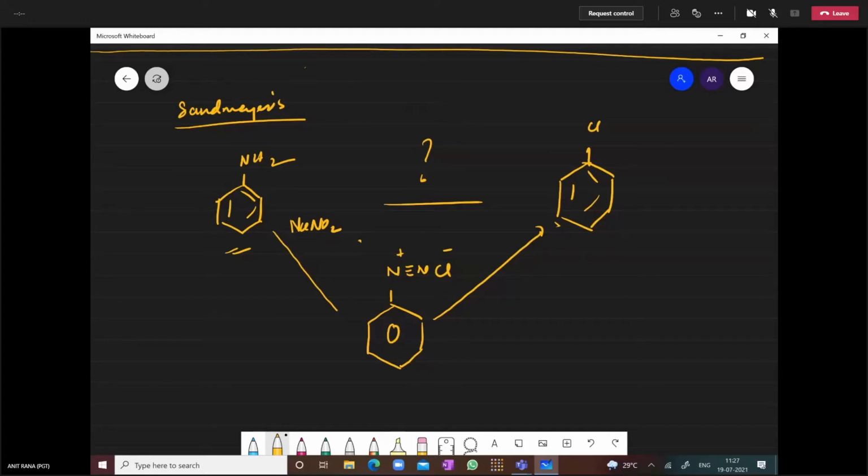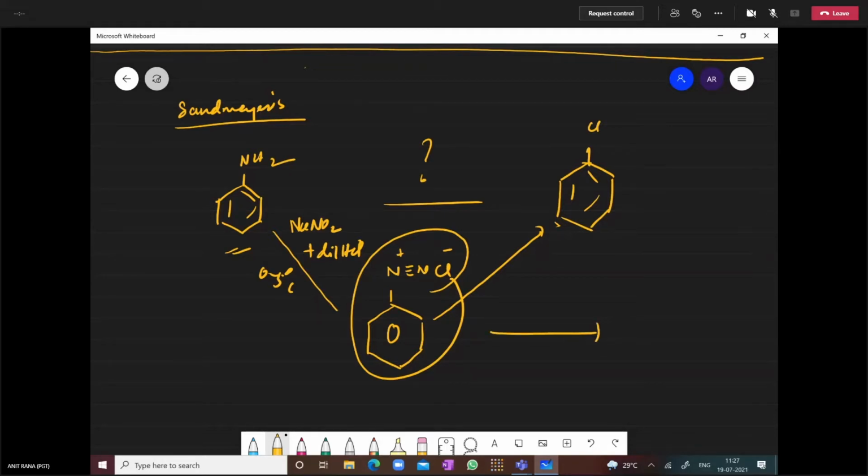In this case you will be using dilute hydrochloric acid, 0 to 5 degrees Celsius. So the water molecule is lost in the formation of diazonium, and from diazonium you can prepare chlorobenzene, even bromobenzene, and even iodobenzene. So what do we require for iodobenzene?